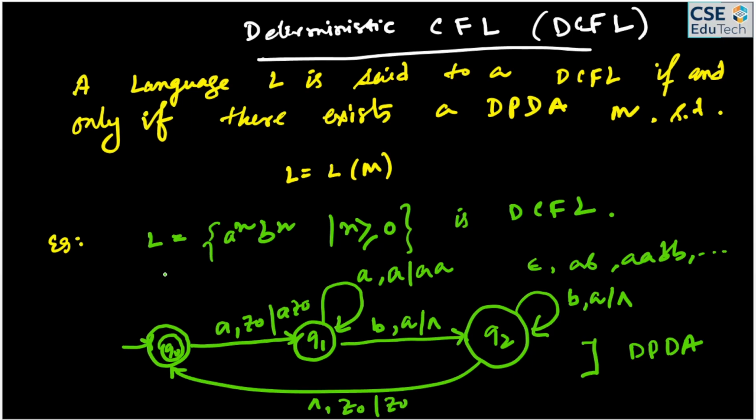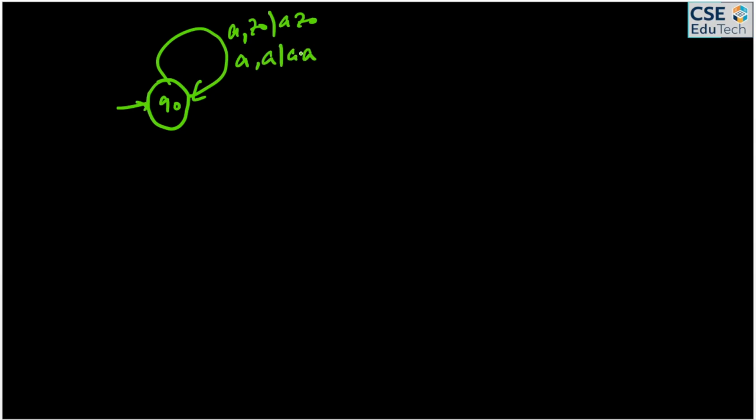Now suppose we draw like this, instead of drawing this. Suppose it is Q0, and when A comes, stack top is G0, just replace it by A G0, and when A comes, just push onto the stack, AA. Now when B comes and stack top is A, replace this by null. So in this way we can also accept this language.